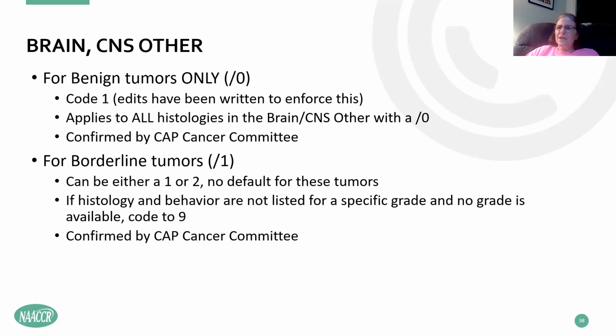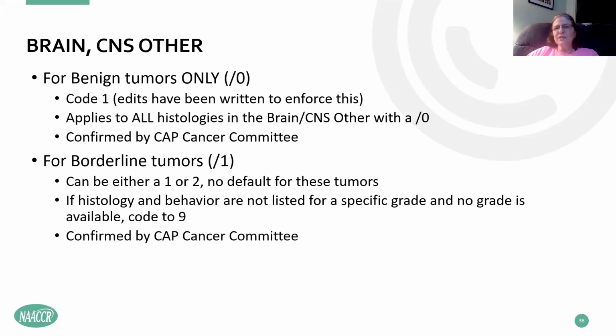So some of the clarifications for brain, CNS, and other, which are the only schemas where you can get benign tumors, actually intracranial gland as well. For benign tumors only, that is, your behavior is a 0, code 1 for grade. Now we have edits being implemented in 2021 for 2021 cases forward.